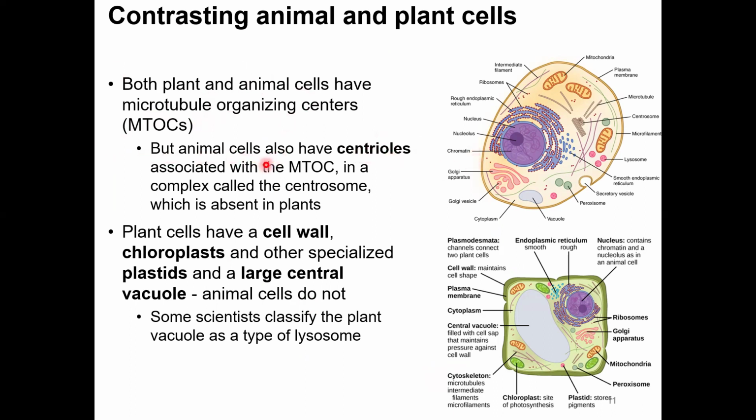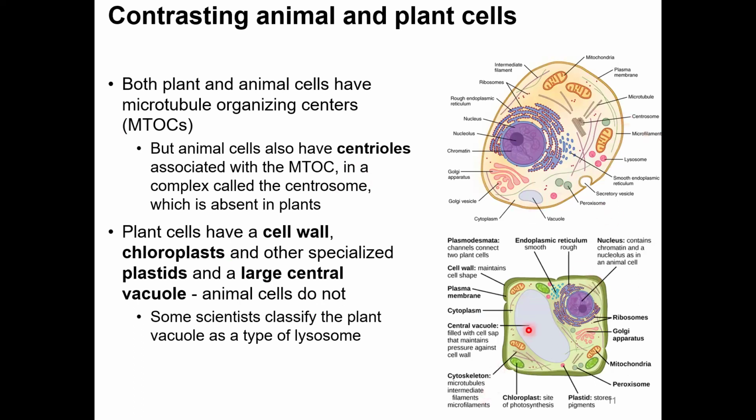But animal cells also have centrioles that are associated with this center in this complex that is called a centrosome, and this is absent in plants. And within plant cells, they have a cell wall, chloroplasts, and other specialized plastids, and a large central vacuole. In most cases, scientists end up classifying the plant vacuole as a type of lysosome.